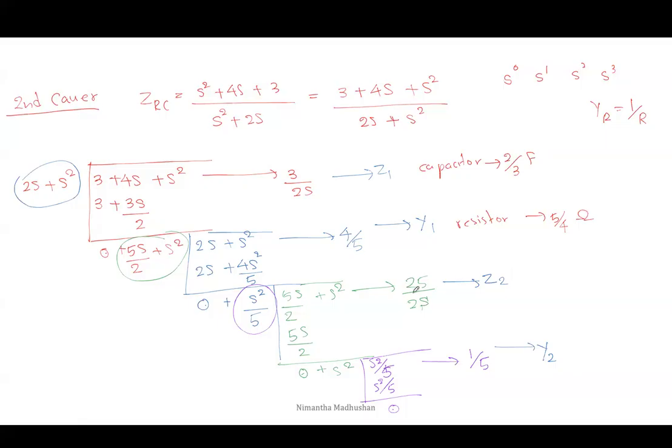And the third one is a capacitor again. Z is 1 over Cs. Then the capacitor value is 2 over 25 F. And the last element is again a resistor. The value is 5.